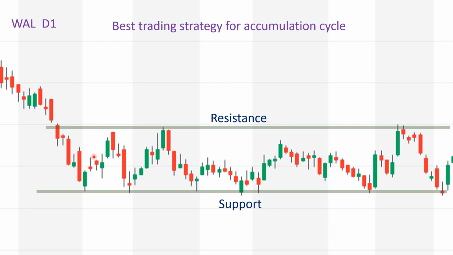My first choice to trade this cycle is that I prefer to go short, because it's very hard to recognize the accumulation cycle before it finishes. I don't know whether this is going to go upward, because it hasn't finished.